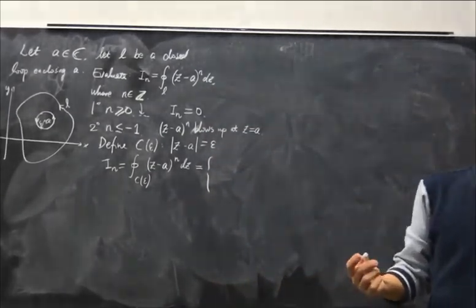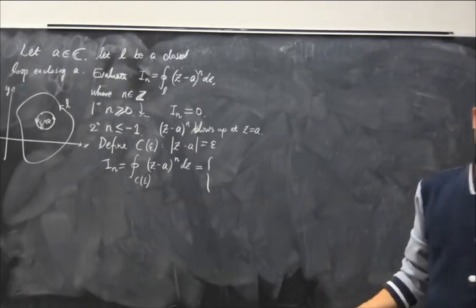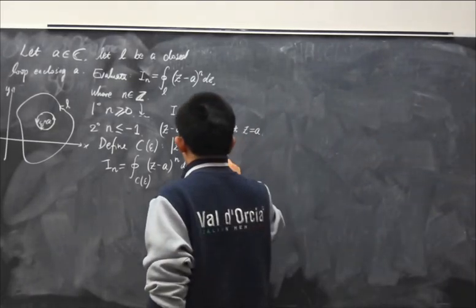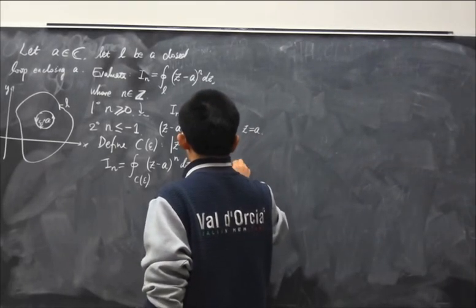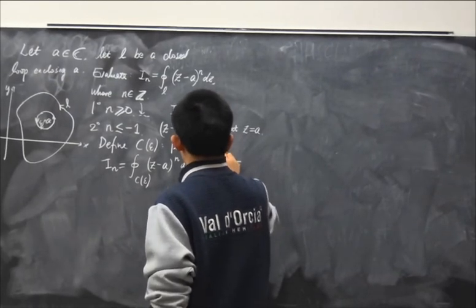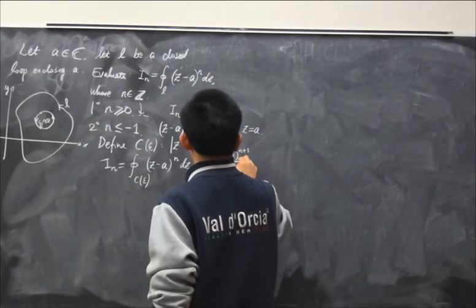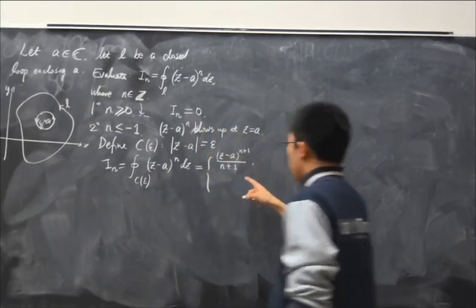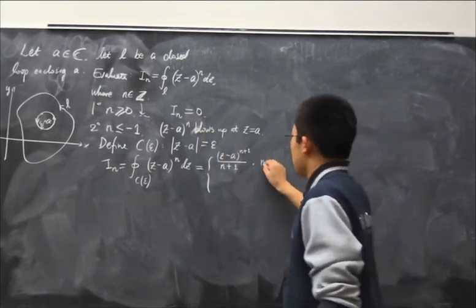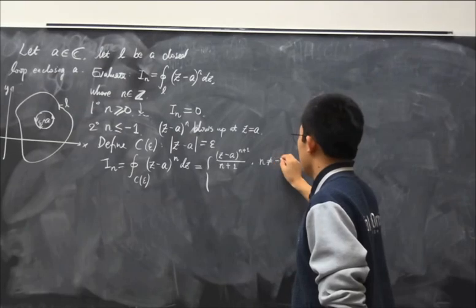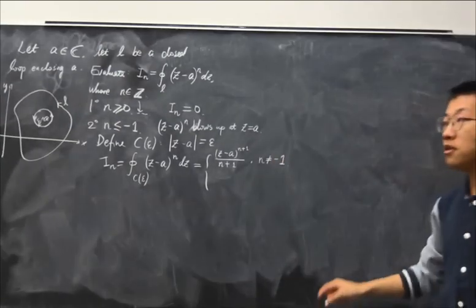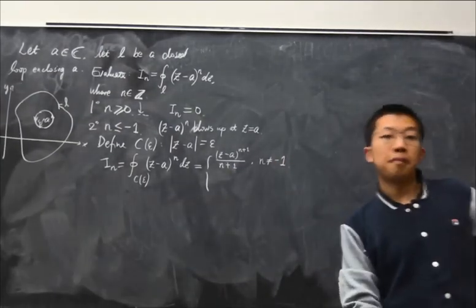And we know that the antiderivative is z minus a to the power of n plus 1, divided by n plus 1. But this is only true when n doesn't equal negative 1, right? Otherwise, the denominator goes to log.